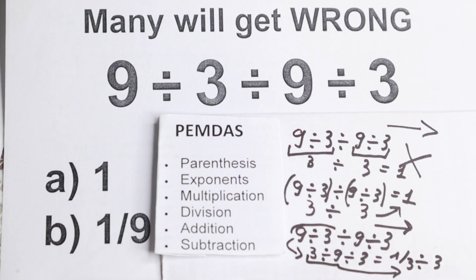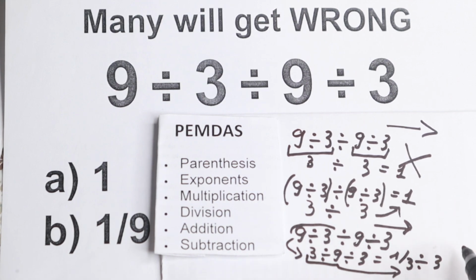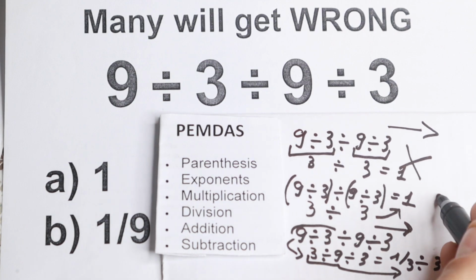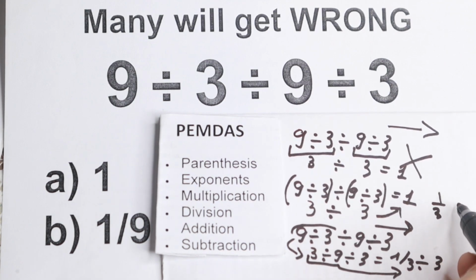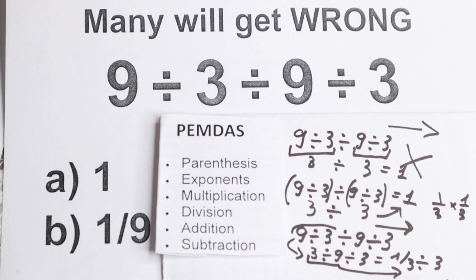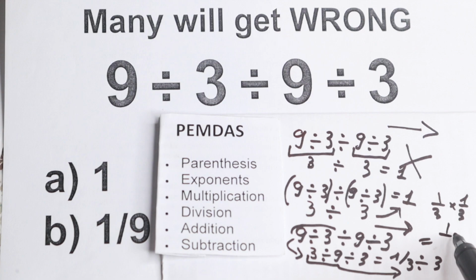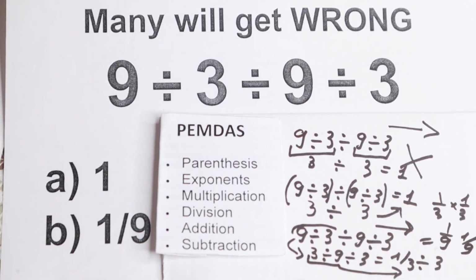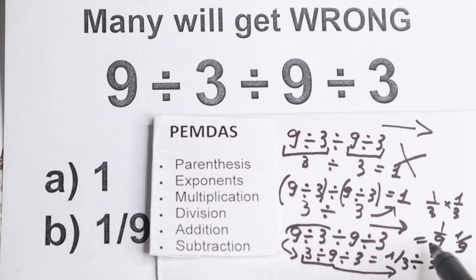I hope you understand how we can divide it. So I write it another way, 1/3 divided by 3 or 1/3 times 1/3. This is the rule, how we can divide and multiply, and this is equal to 1/9. Both ways are correct. So our answer is 1/9.